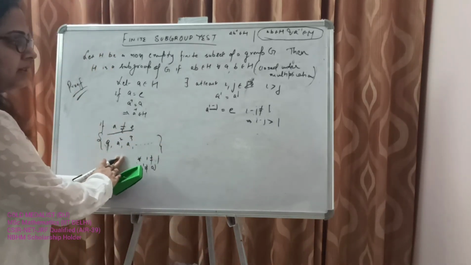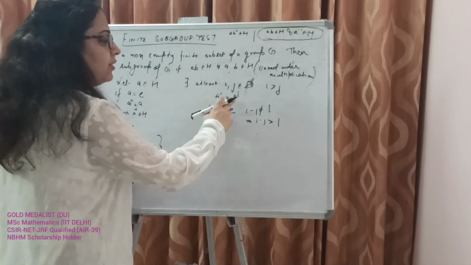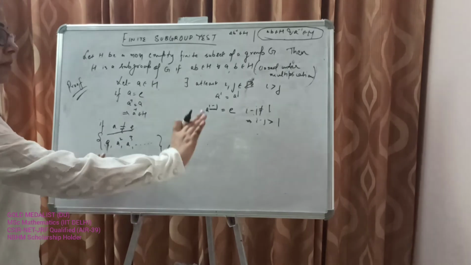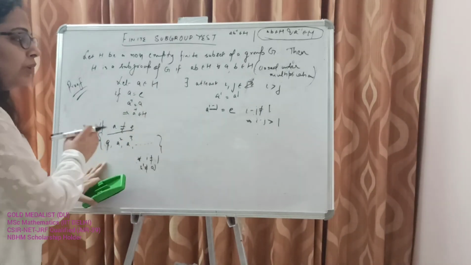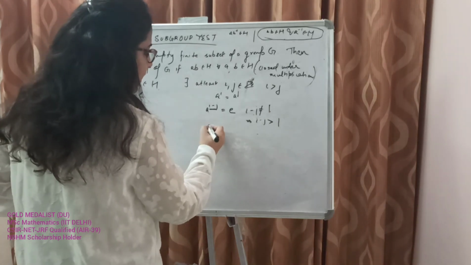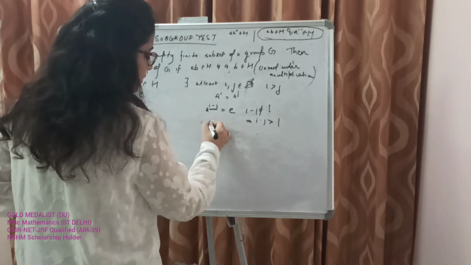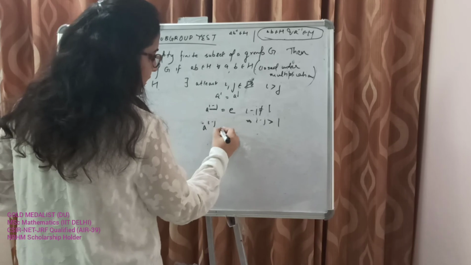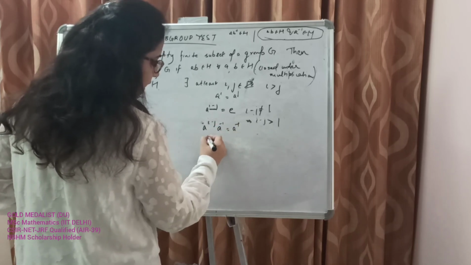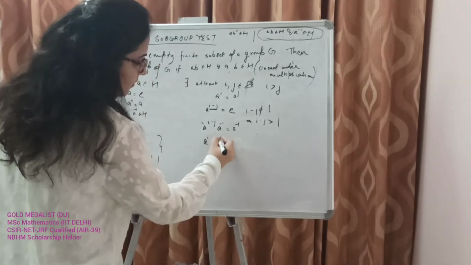H is finite. So we have at least two elements which are equal in this set, because if all of the elements are distinct, then it will become an infinite subset. So multiply by A inverse on both sides, right hand multiplication, to get A power I minus j minus 1.